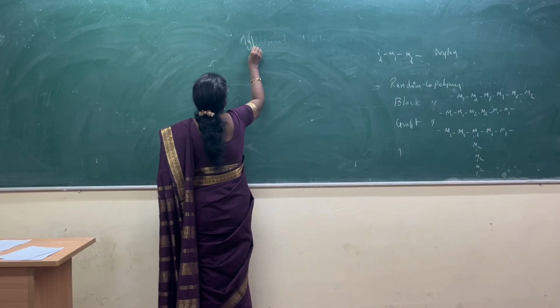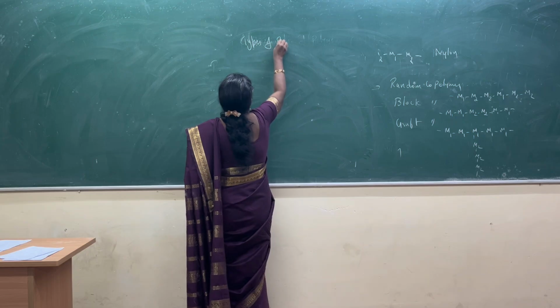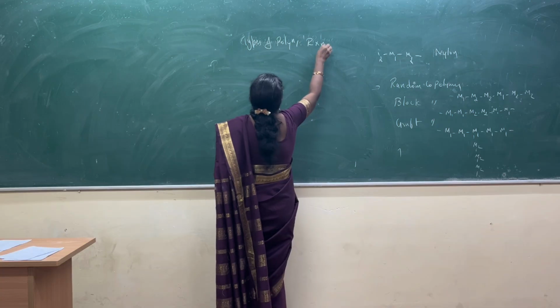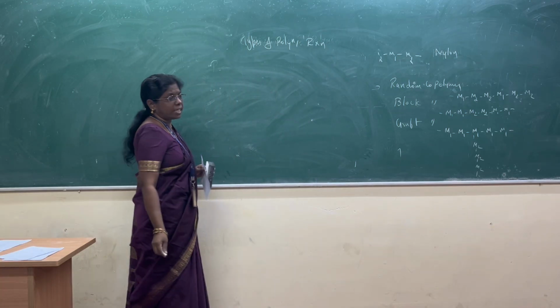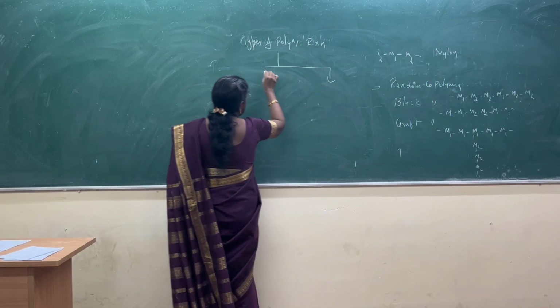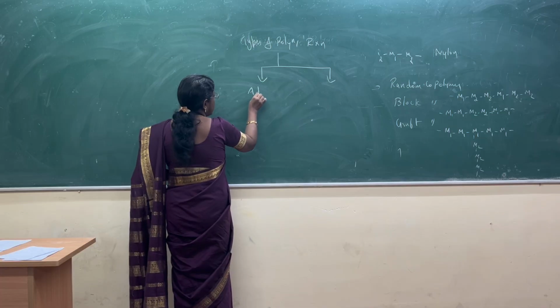Types of polymerization reaction. Polymerization reactions are mainly two types: addition polymerization and condensation polymerization.